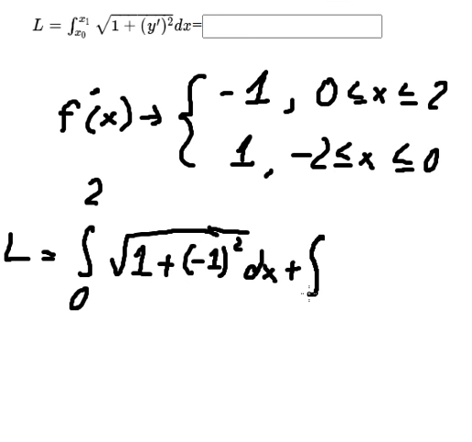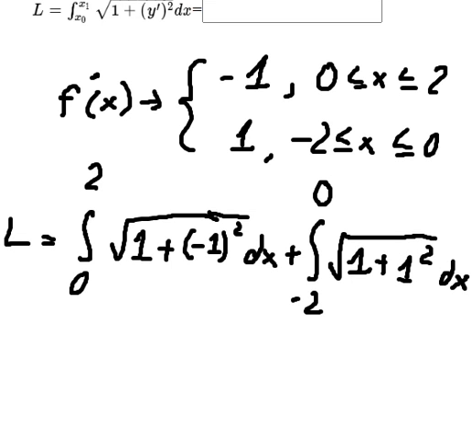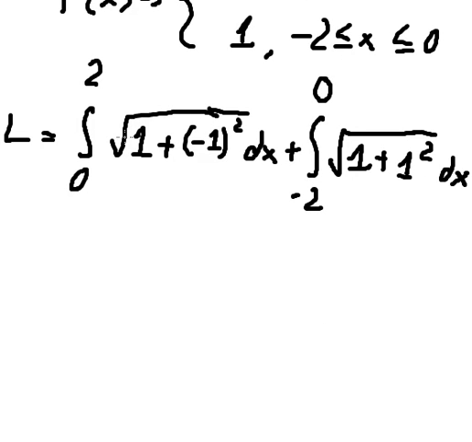And the second one from negative number 2 to 0, and we put number 1 on here. So we have the square root of number 2.